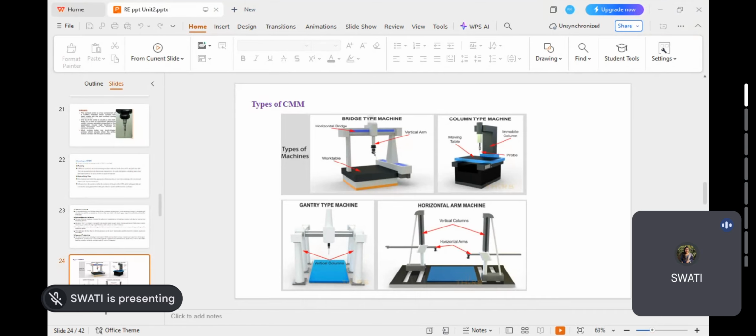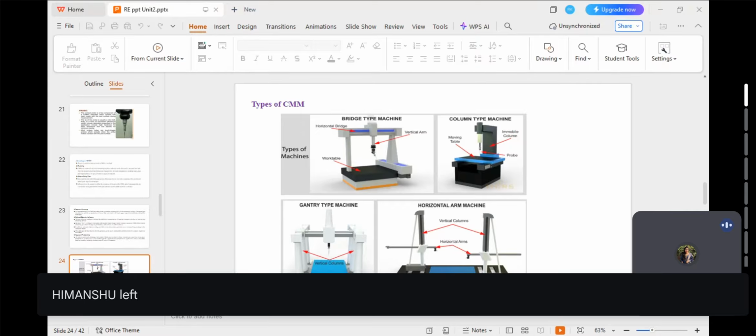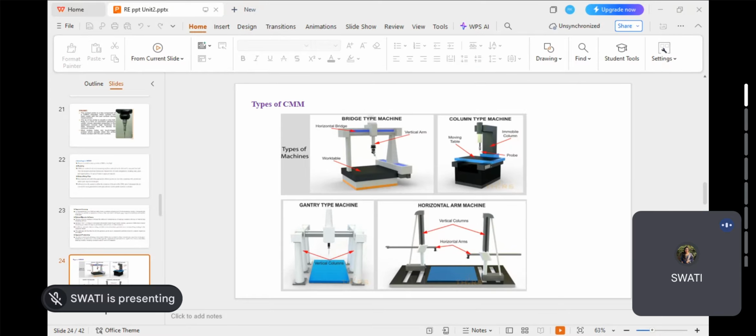In manual, sometimes you may require manual intervention to set up the workstation, to set up the workflow with respect to the component whose cloud points you want to check, or maybe in between you want to change the position of the component.